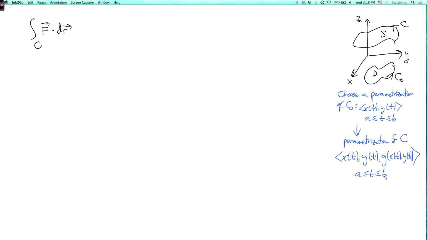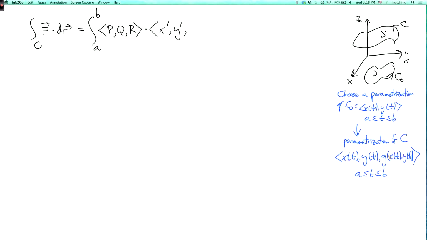So we'll use this parameterization of C. So I get the integral from a to b of PQR dot the derivative of this parameterization of C. So that's x prime, comma y prime, and then I need z prime.